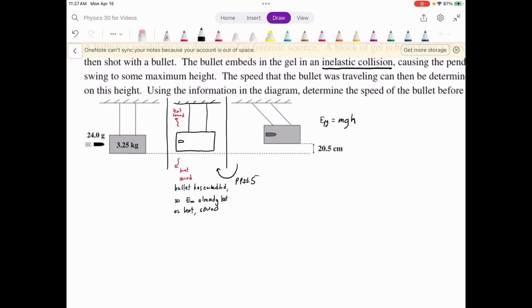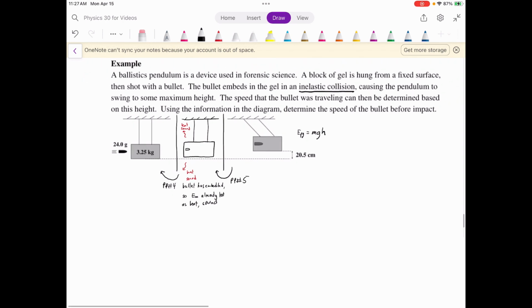We can use physics principle number 4 to then go back to here, use conservation of momentum to then figure out what was the initial momentum of the bullet. So there's our game plan, okay?